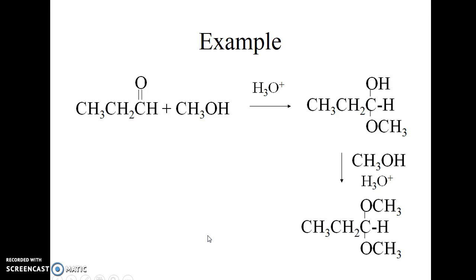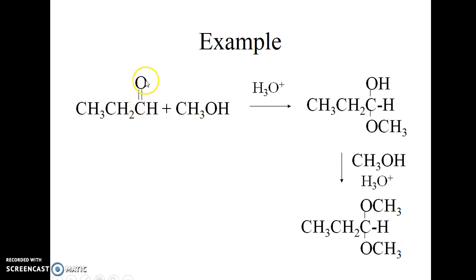So here's an example of this reaction. Here would be an acetal because it was an aldehyde. If I want the acetal to form, I just use excess methanol and remove water by distillation. You form an intermediate hemiacetal, but then the acetal forms.